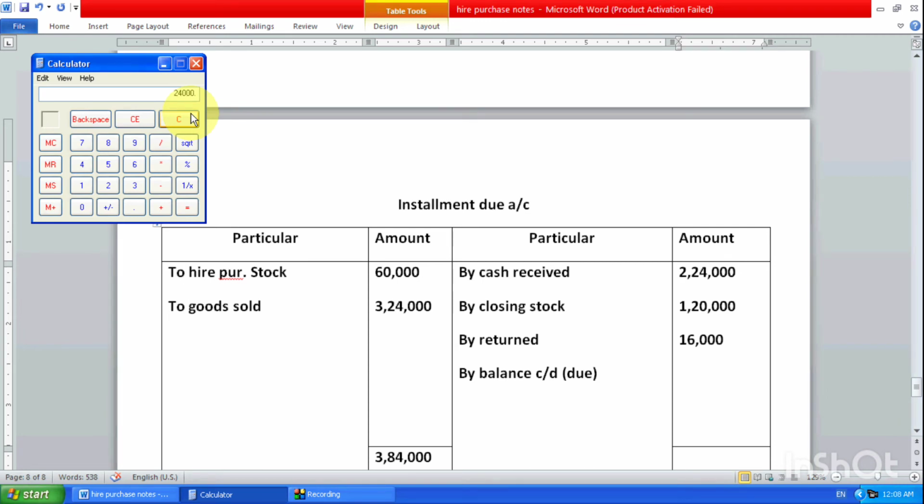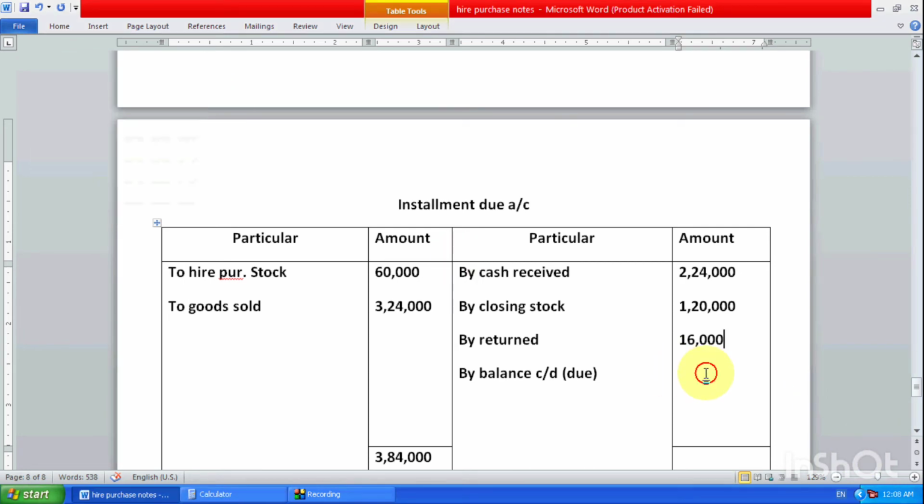So the overall amount is 24,000. So how much are we getting? We are getting 24,000 amount due from customers.